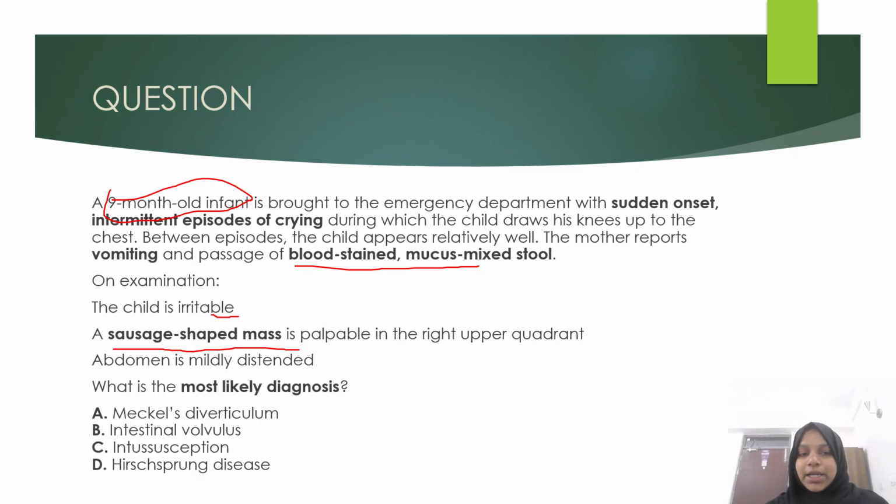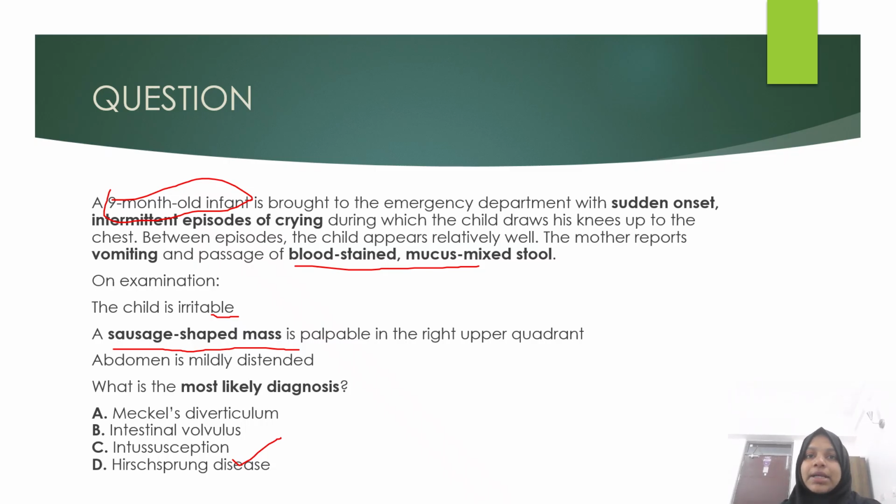And what is the most likely diagnosis? This is a case of intussusception, right? Why not intestinal volvulus? That is mainly in the adult population. Why not Hirschsprung? Hirschsprung usually presents even in the neonatal period itself, with delayed meconium passage. If they did pass meconium even after 48 hours, they'll have obstruction along with vomiting, due to absence of ganglion cells in the distal part of the colon or rectum.